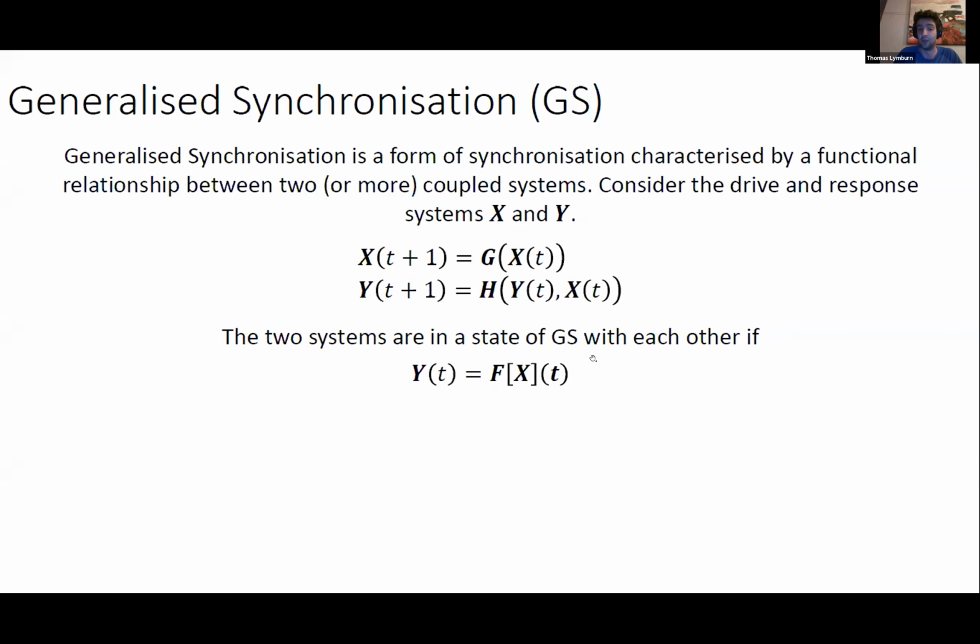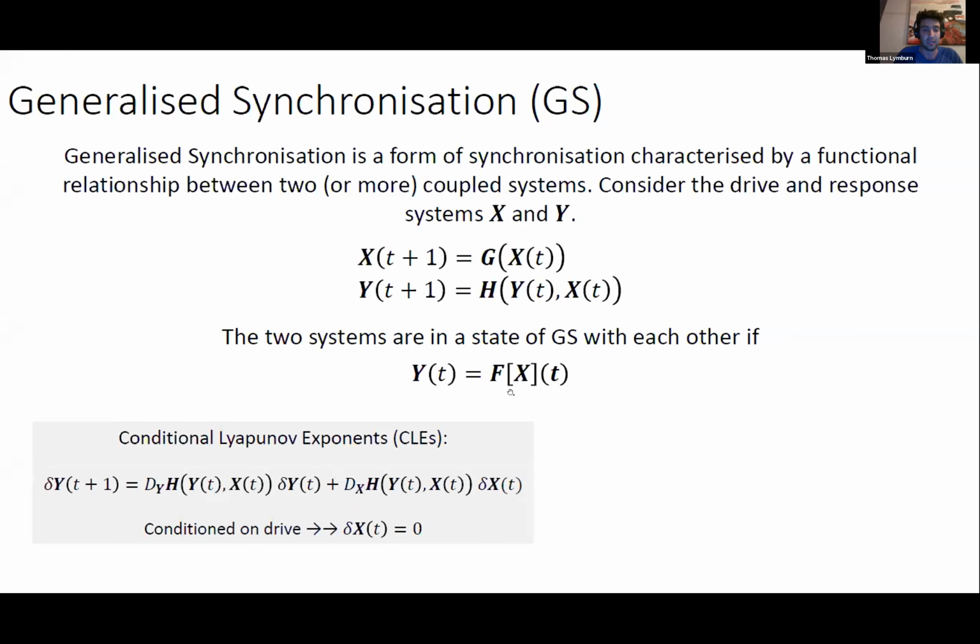to figure out if you do have GS or not. There are many ways to look to see if you have GS or not, but what we'll do today are the conditional Lyapunov exponents, which, as the name suggests, are the Lyapunov exponents of your response system conditioned on the drive.